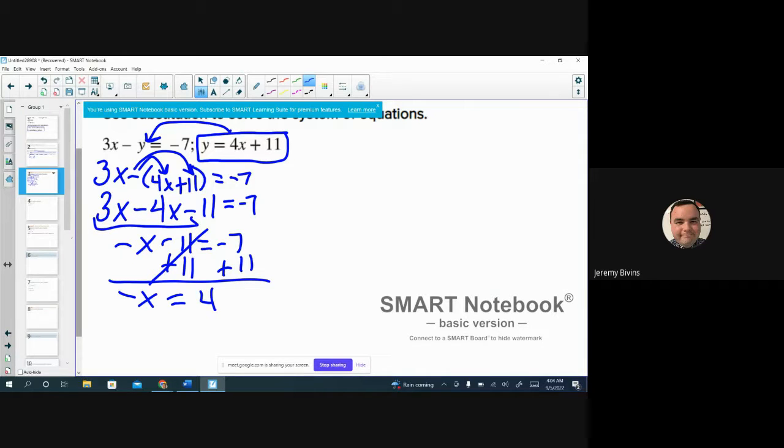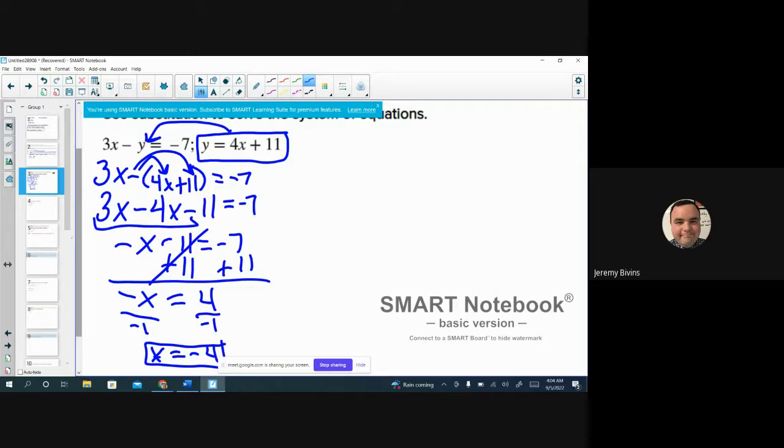Then we need to get the x alone by dividing by the -1 on all sides. And here x is going to equal a -4. So I'm going to put a box around that. Not our final answer, but it helps us get to the final part.